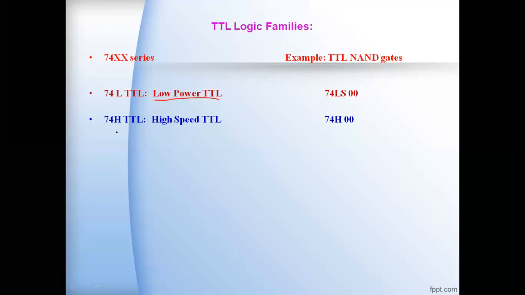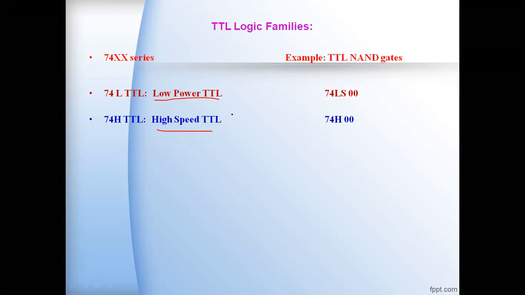And the second is high speed TTL. In high speed TTL, we use lower resistor values to reduce the propagation delay. If you have a lower resistor value, then the tau value will obviously be reduced. Therefore, at the switching times, it will change its states quickly. So in this high speed TTL, lower resistor values are used to reduce the propagation delay at the expense of the power consumption.